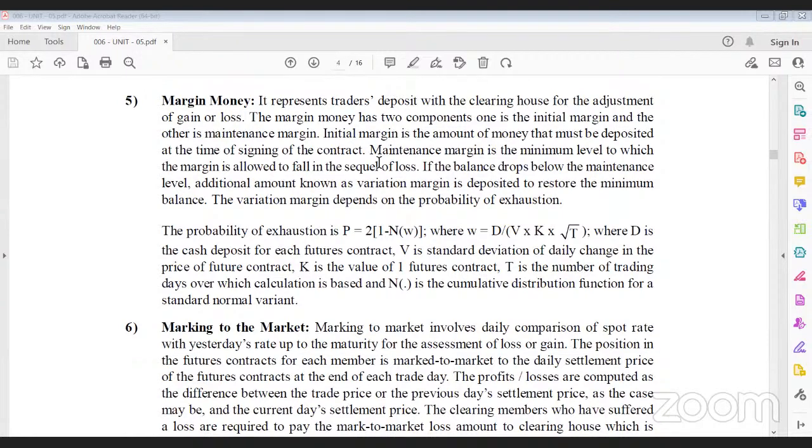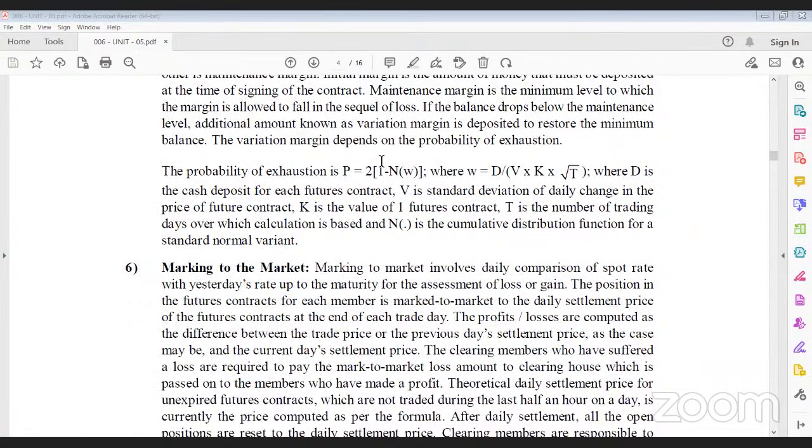D is the cash deposit. V is the standard deviation of the daily change in the price. K is the value of one futures contract. T is the number of trading days over which the calculation is based. N is the cumulative distribution function for the standard normal variate.